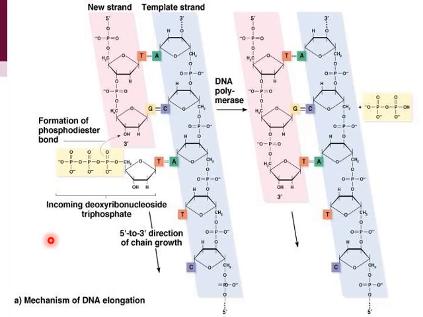Now let us revise. This is the DNA strand, this is the template strand, and this is the growing strand. You can see the growing strand has two terminals, the 5' end and the 3' end. This is the incoming nucleotide. The incoming nucleotide has 3 phosphate groups. When the condensation reaction takes place, these 2 phosphate groups are removed with the addition of a water molecule.